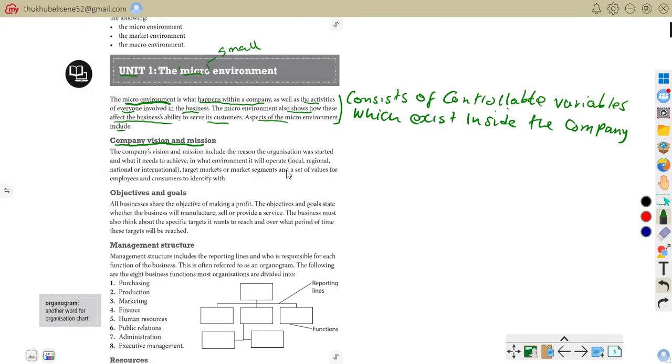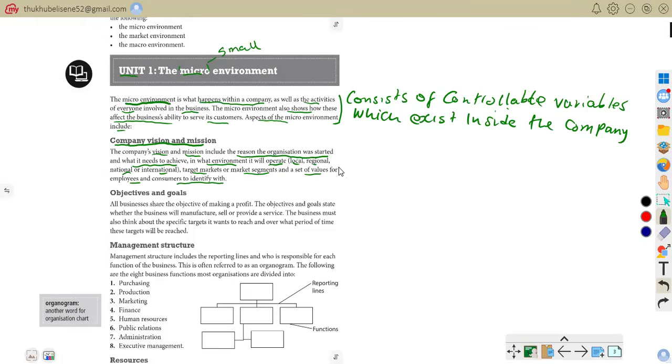So they guide decision making and resource allocation. Like it says, the company's vision and mission include the reason the organization was started, what needs to be achieved, and in what environment it will operate, either local, regional, national, or international. Also the target markets or market segments and the set of values employees and consumers identify with. So that is the company vision and mission statement.